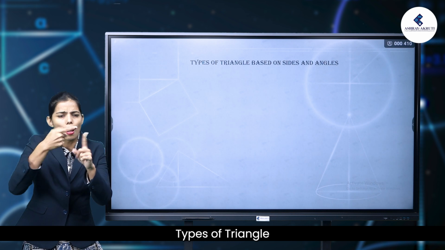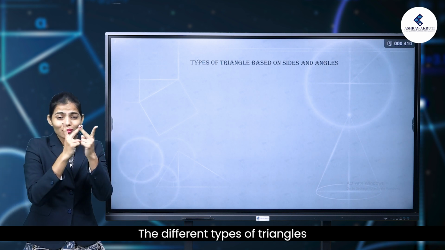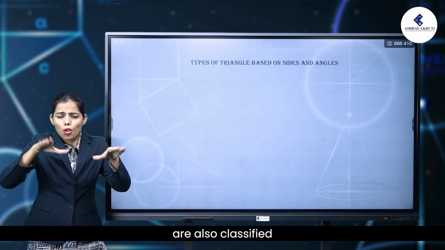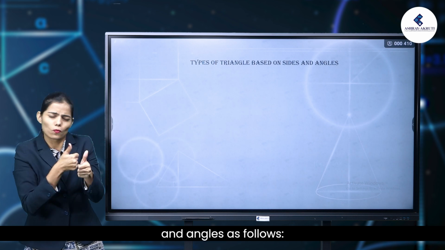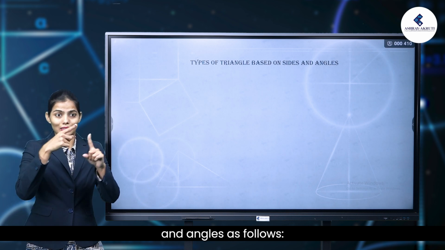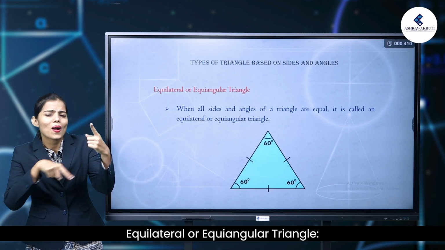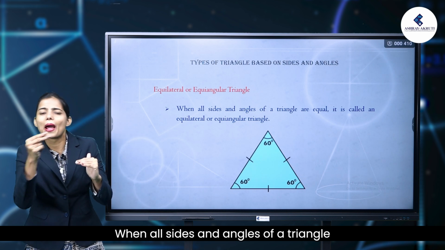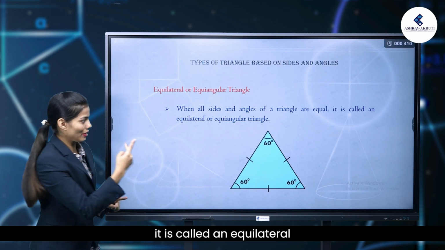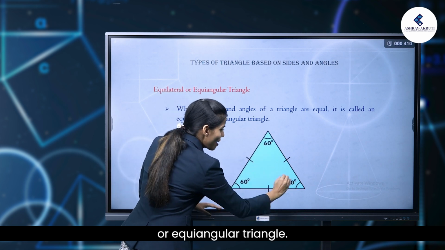Types of triangles based on sides and angles. The different types of triangles are also classified according to their side and angle as follows. Equilateral or equiangular triangle. When all sides and angles of a triangle are equal, it is called an equilateral or equiangular triangle.